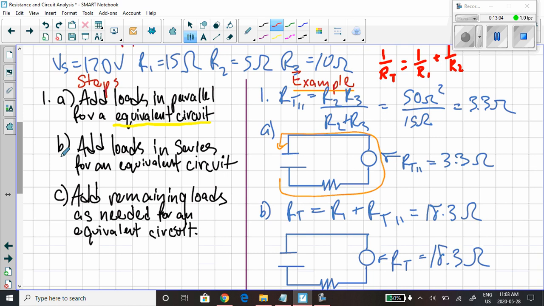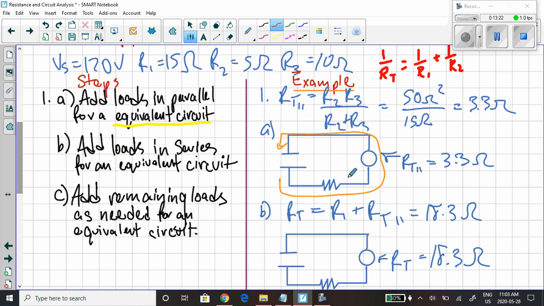Part B, add loads in series for an equivalent circuit. All right, well look at this circuit that it is now equivalent. These two are in series to each other. Even though this circuit doesn't really exist, it's a mathematical tool for solving, it's still very good.